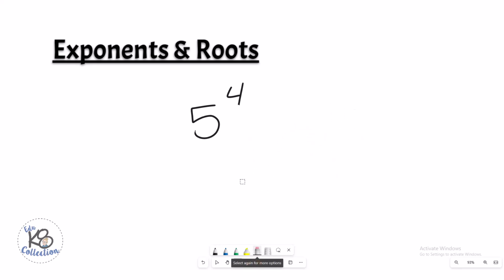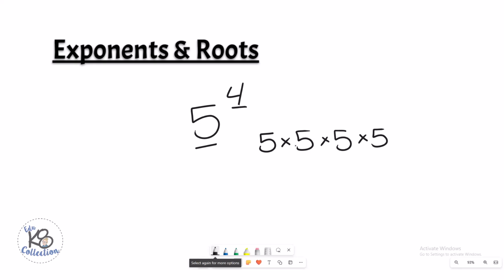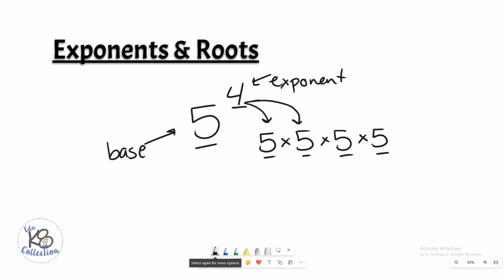Instead, an exponent is when the base, or the bigger number, is being multiplied by itself however many times the exponent indicates. So in this case, our base is 5, and so that's the number that's being multiplied, and the exponent is 4, and that's why it's being multiplied 4 times.